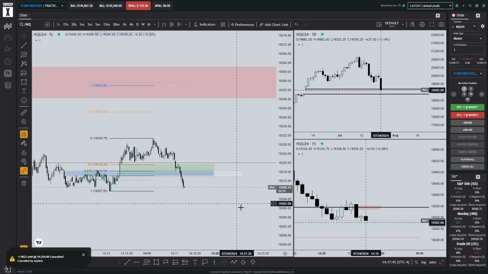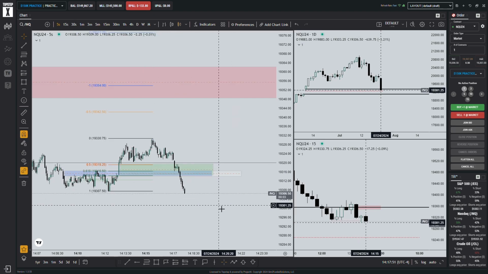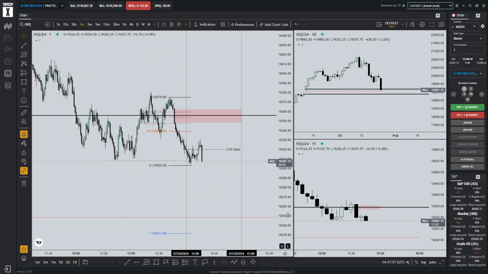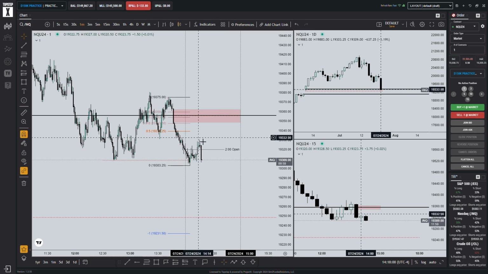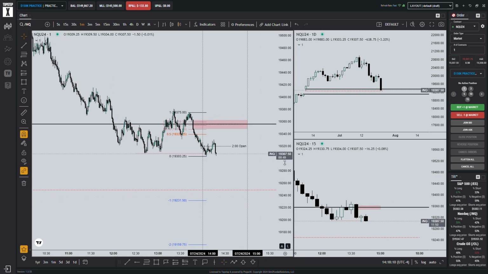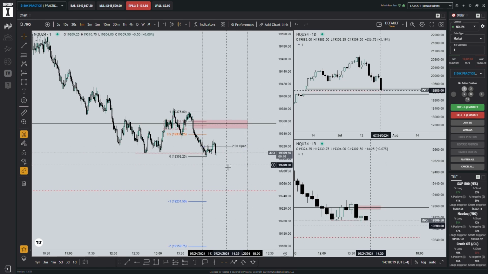And that was a losing trade. This is where it gets tempting to look at this as a possible short.